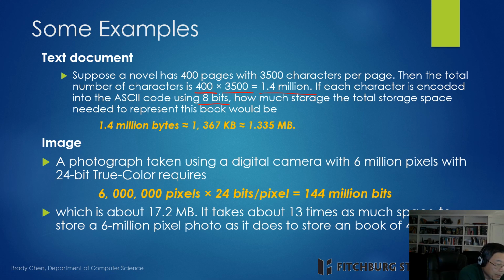So that means you need a total of 1.4 million bytes, right? Because each character uses 8 bits. Now 8 bits is just 1 byte, okay? So now you have 1.4 million characters. So that means 1.4 million bytes.